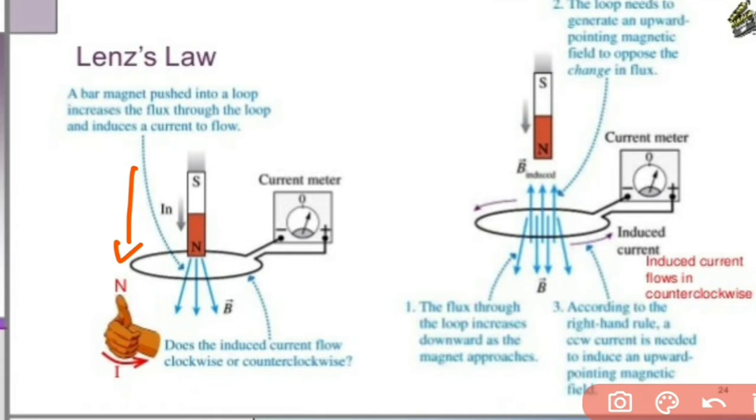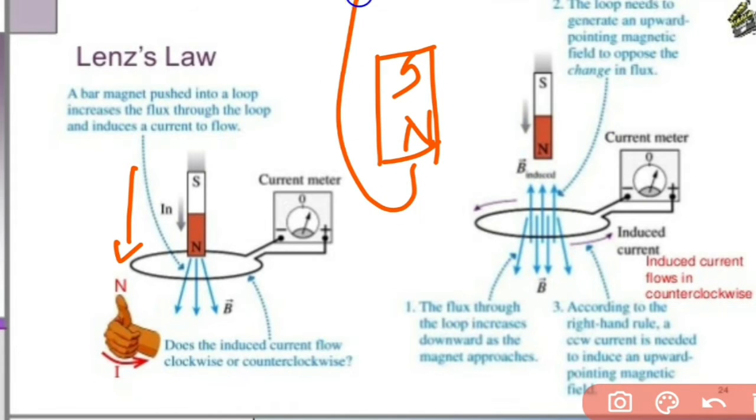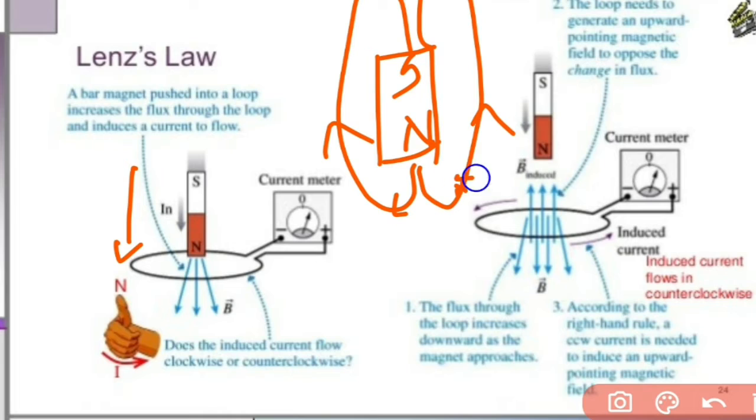You know, around a bar magnet, if this is north and south, the magnetic field lines are like this. They start from north and end at south. This is the direction of the magnetic field, shown with blue lines here.